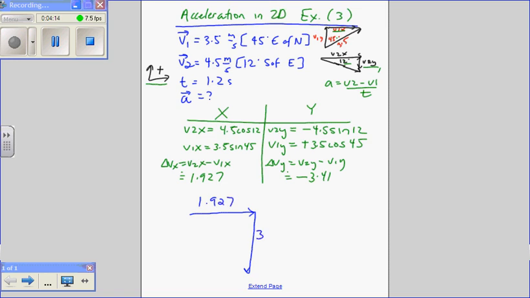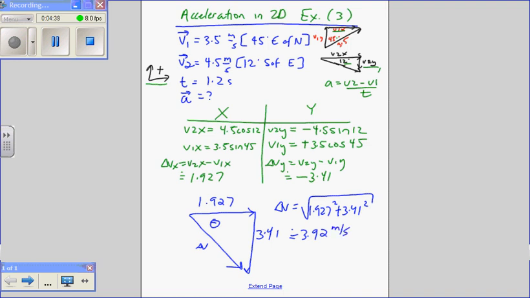And my overall change in v is right there. An angle. So change in v, using the Pythagorean theorem, 1.927 squared plus 3.41 squared works out to 3.92 about.